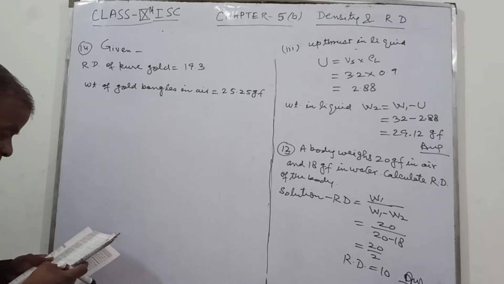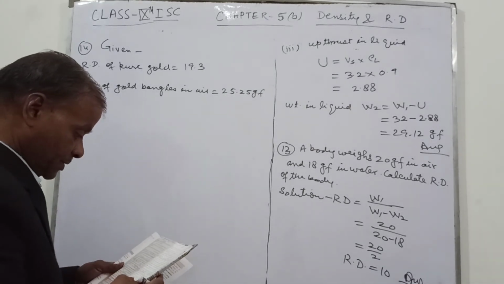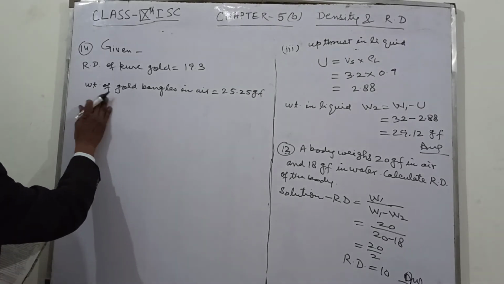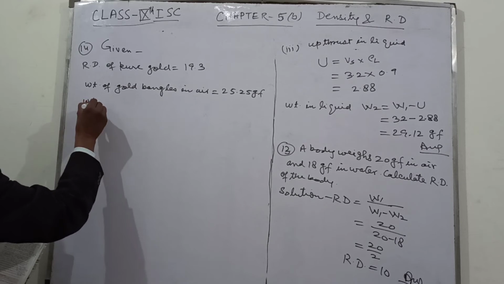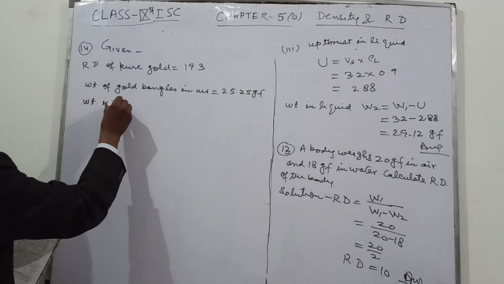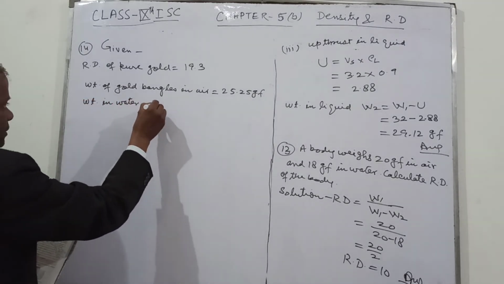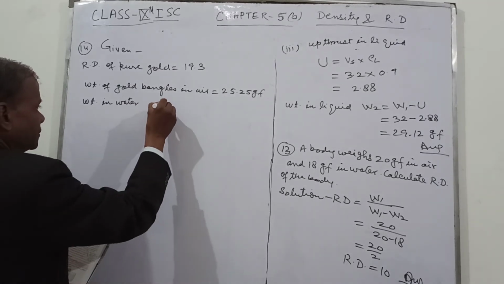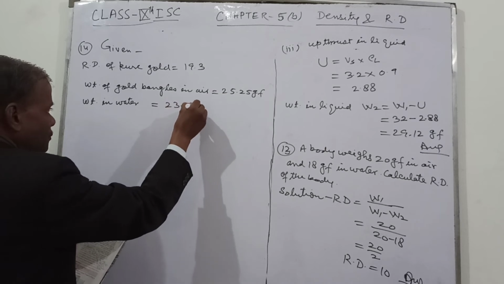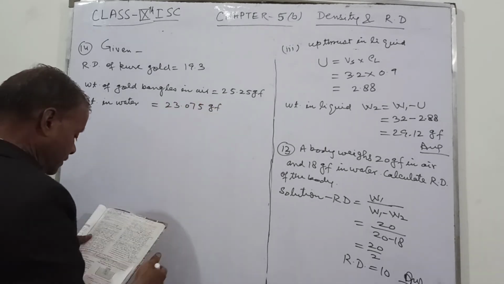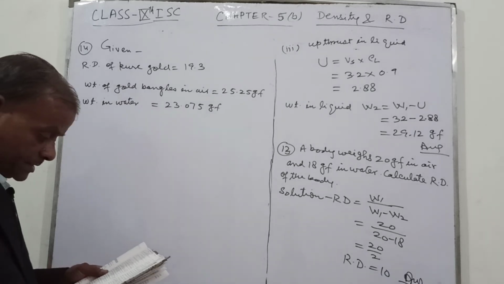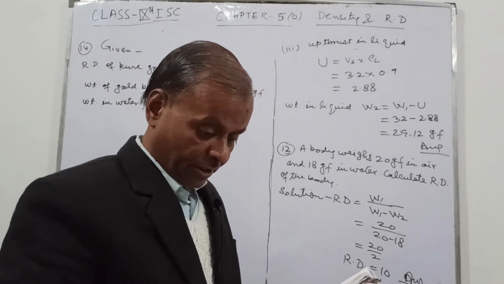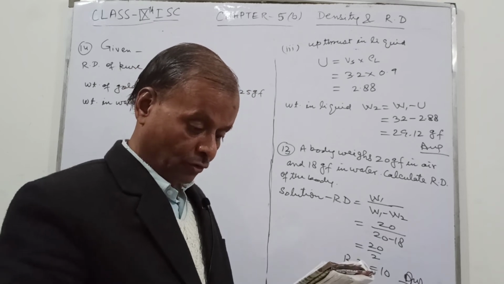A clever customer weighs them in water, and the weight in water is given to be 23.075 gram force. Then it is asked, with the help of suitable calculation, find out whether the ornament is made of pure gold or not.